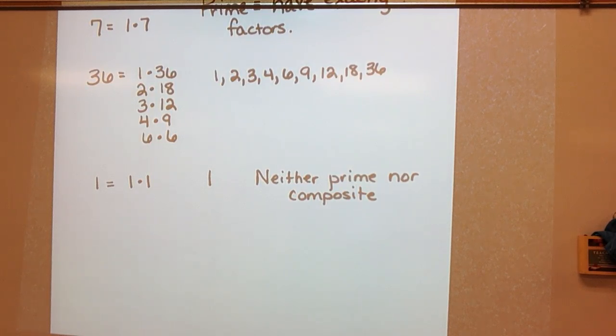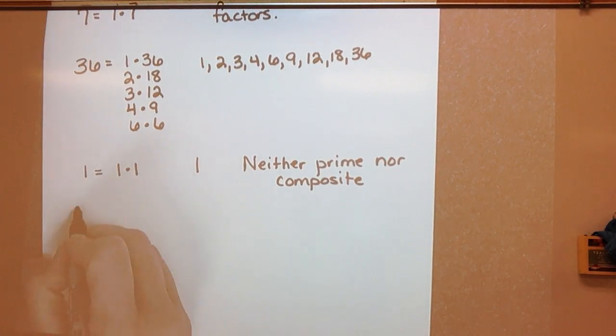All right, so here's what we find when we are dealing with these factors. We see that any positive number greater than 1 can be written uniquely as the product of powers of prime numbers. So this product of powers of prime numbers is what we call our prime factorization.